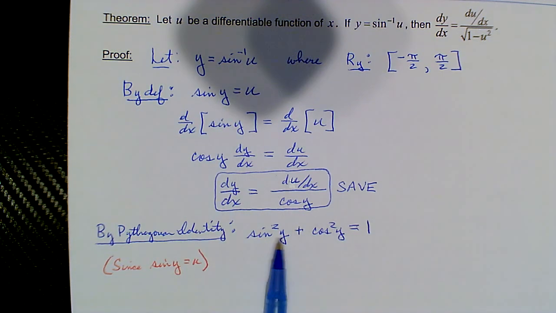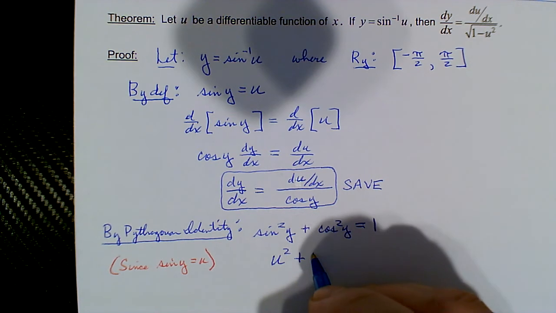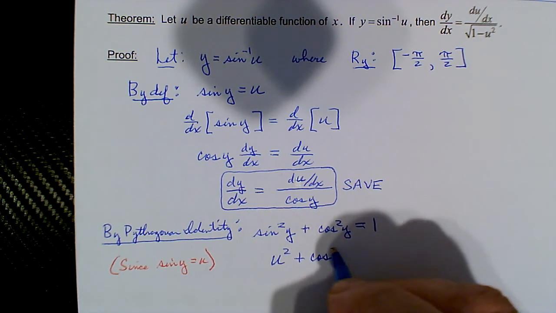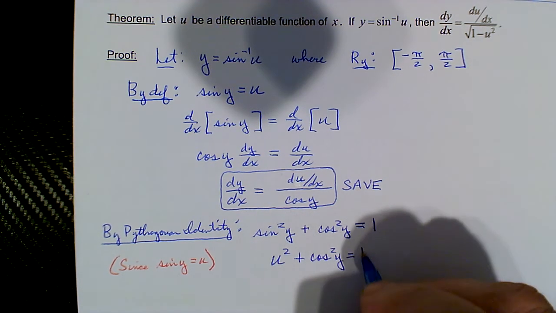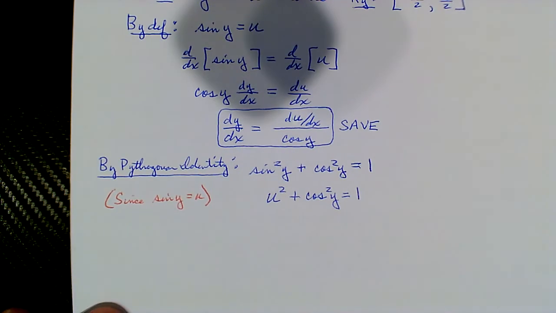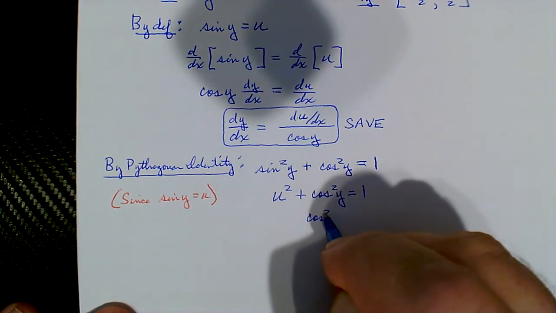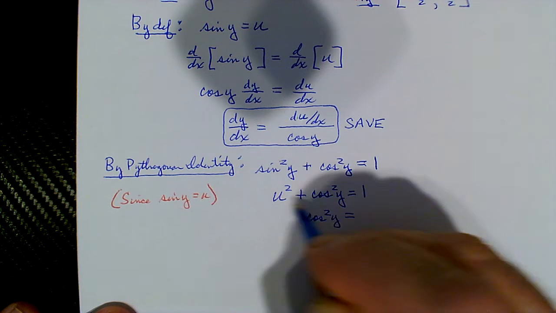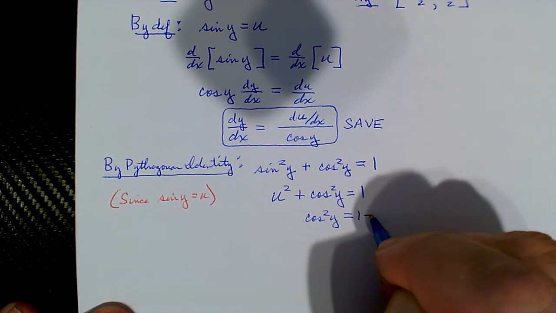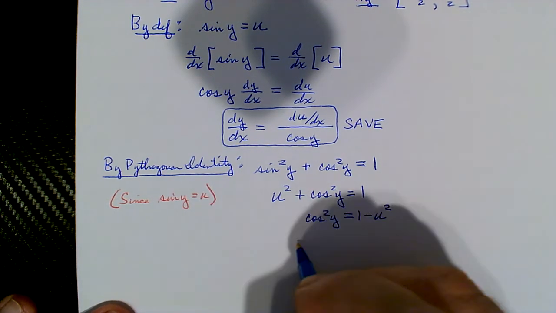So since the sine of y is u, we could replace the sine of y by u, and we would have that u squared plus cosine squared y is equal to 1. And then we could solve for cosine of y. But when solving for cosine of y, our first step is to transpose the u squared. So we get that cosine squared of y equals 1 minus u squared.